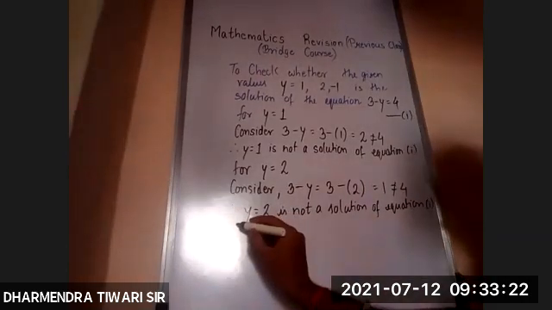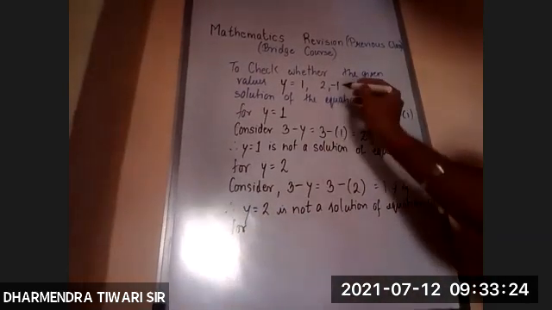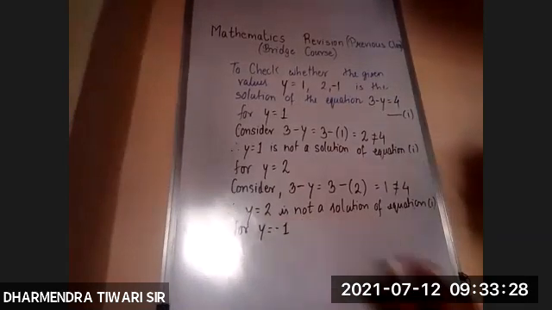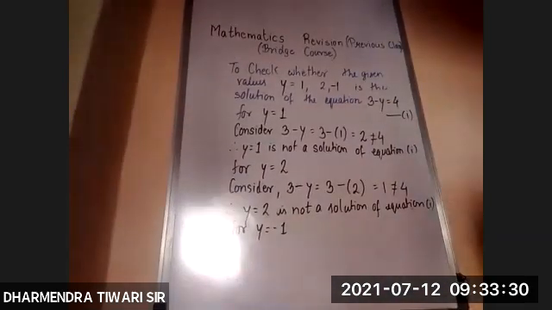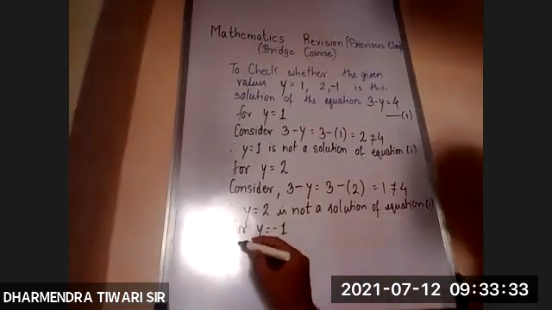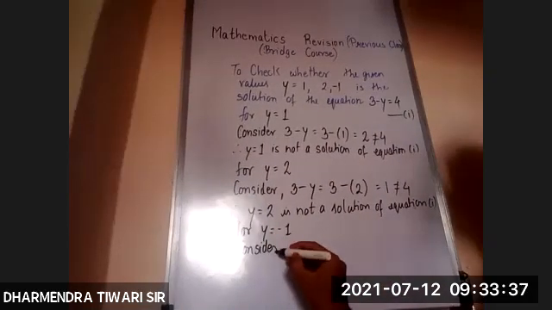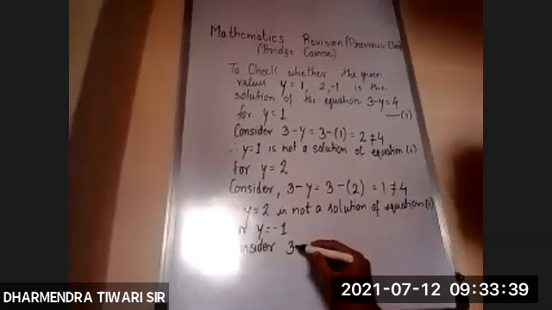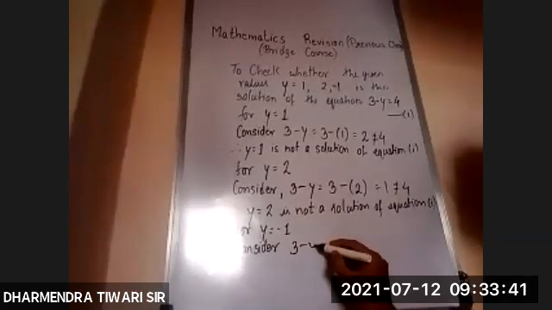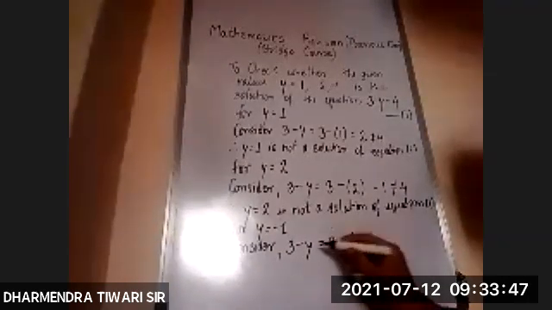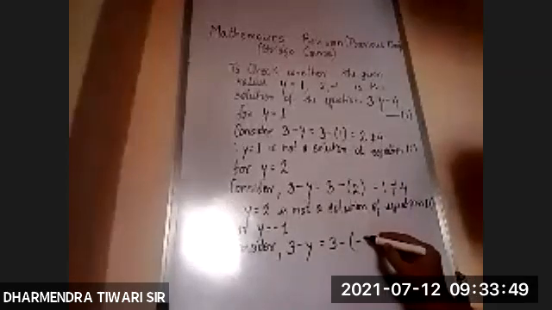Next, the next value given is -1. So for y equal to -1, consider 3 minus y. So the value of y is -1.